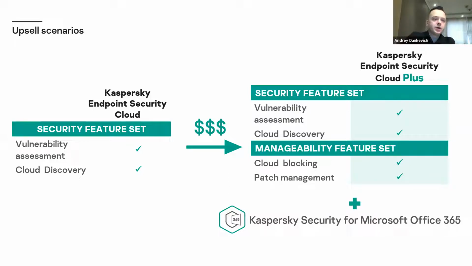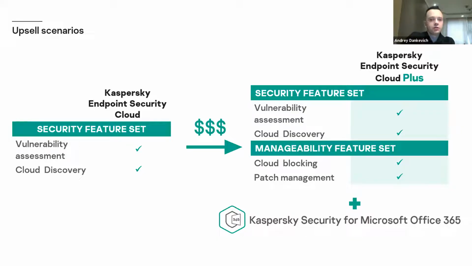In both tiers, you can get a report and see the usage of different cloud-based services by your users. But if you want to block them instantly, you have to purchase KS Cloud Plus, or you can do it some other way.